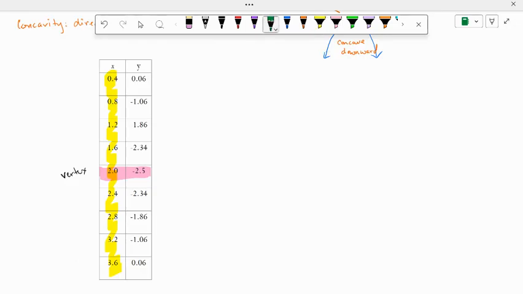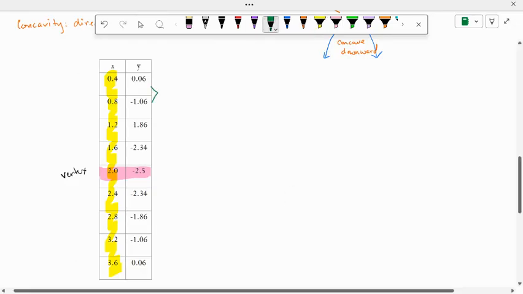And then I can look at my average rates of change. You can do the subtraction, delta y over delta x: negative 1.06 minus 0.06, over 0.8 minus 0.4, is going to give me negative 1.12 over 0.4, and I get an average rate of change of negative 2.8.